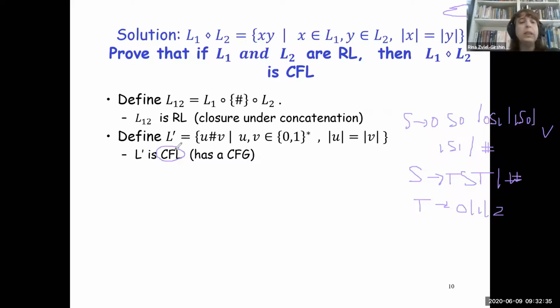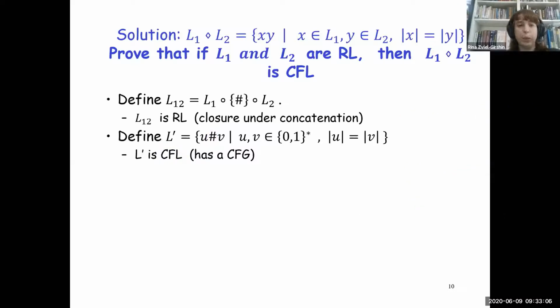This language is context-free because with a context-free language, I can check that the number of letters in the prefix equals the number of letters in the suffix. And here I have a definite definition of where I have the prefix and where I have the suffix. I know that the prefix is before the DS sign and the suffix is after the DS sign. So I know that I have a context-free language.